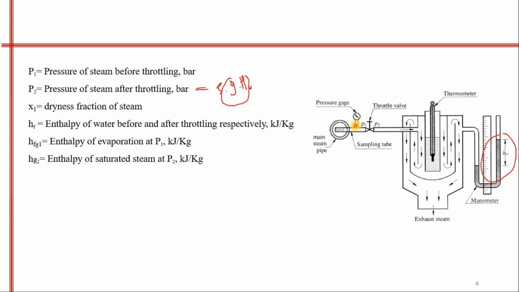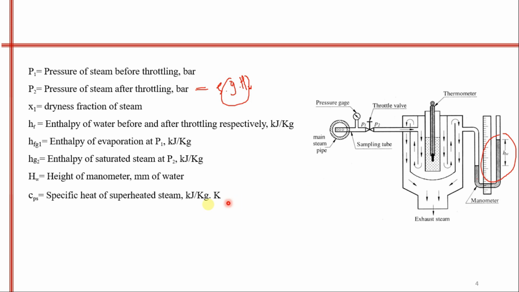Hg2 is the enthalpy of saturated steam at pressure P2, meaning at the reduced pressure. Capital HW is the height measured inside the manometer in mm of water. Cp is the specific heat of superheated steam. T saturation 2 is the saturation temperature of steam at pressure P2.